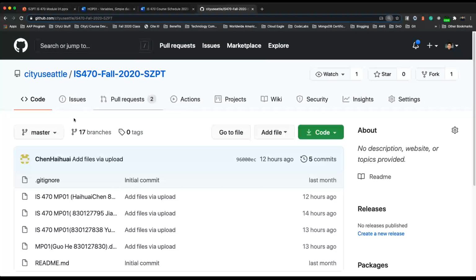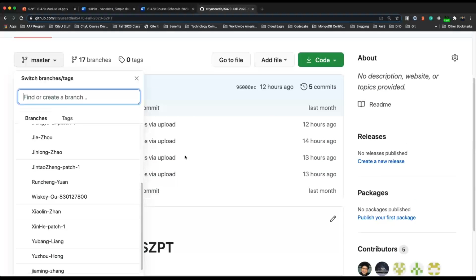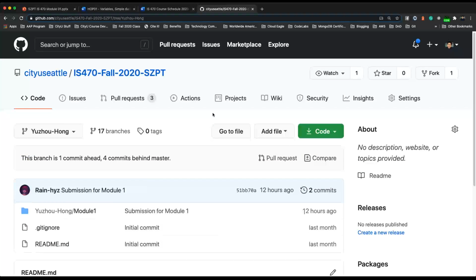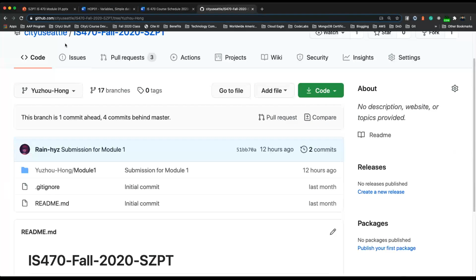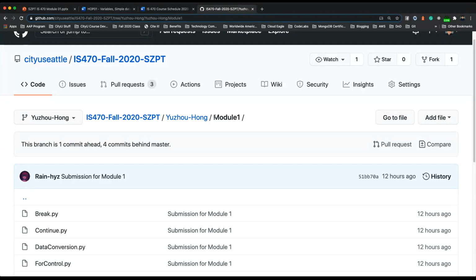So first off, I can show a correct way that one of the students made. So this is what I'm expecting. So there's the person's own branch, and then inside of that branch, the student has a folder under the student's name, and there's basically a folder called Module 1, right?